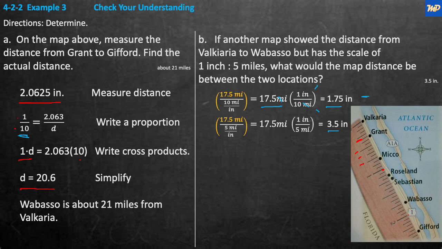Inches remain, because what disappeared? The miles disappeared. The inches remained. So that's why you get 3.5 inches. 17.5 divided by 5 inches equals 3.5 inches. Okay?